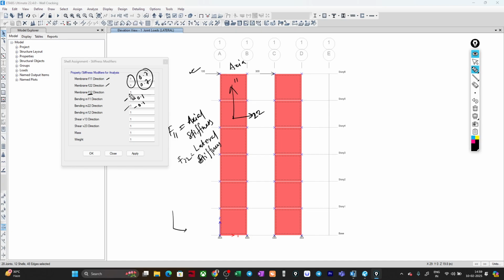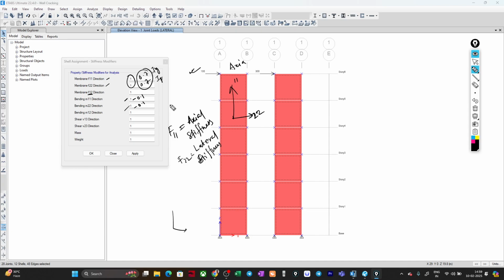So you can keep it intact, but these two values will be reduced to 0.7 times the IG. 0.7 means it will be multiplied with the gross moment of inertia of the wall, one for axial stiffness, another for lateral stiffness.